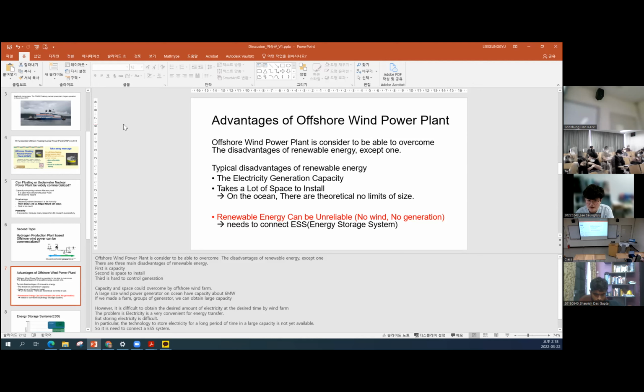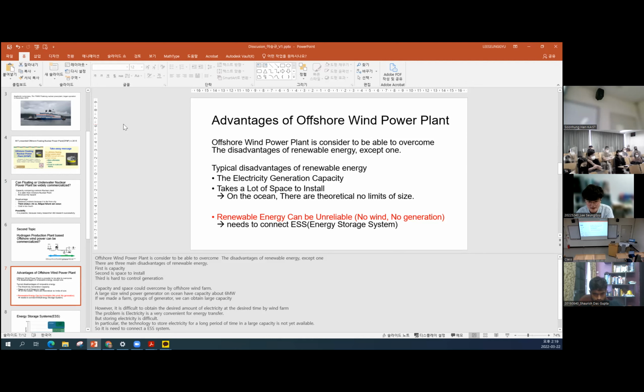But it is difficult to obtain the desired amount of electricity at the desired time from a wind farm, because no wind means no generation. And electricity is very convenient for energy transfer, but it has a big problem: storing.